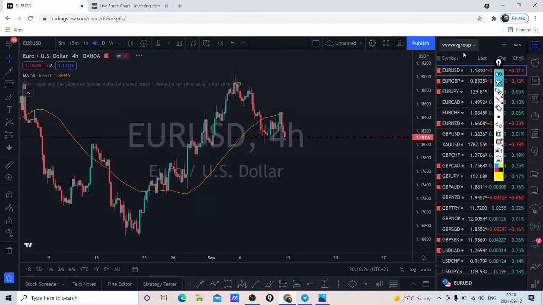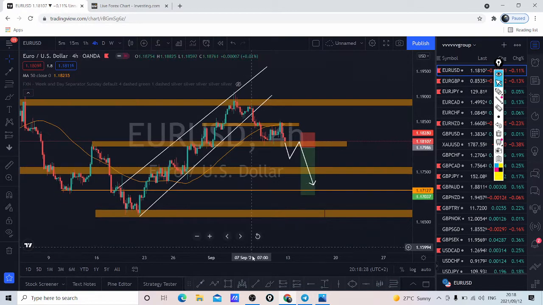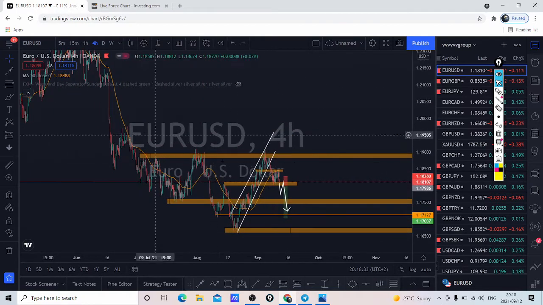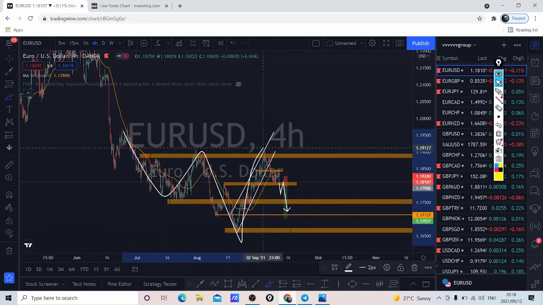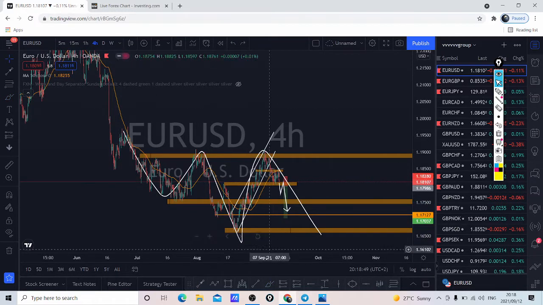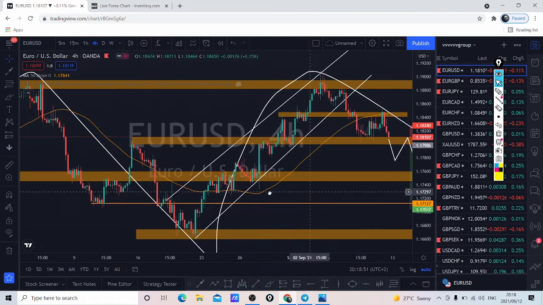So let's start with the Euro USD. The overall trend on Euro USD, the market is trying to sell because it's making lower lows and lower highs. So we are looking for a short there.